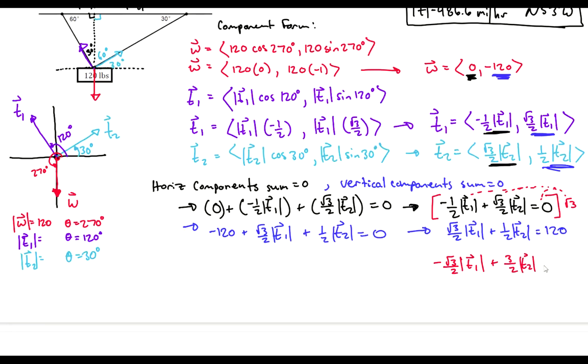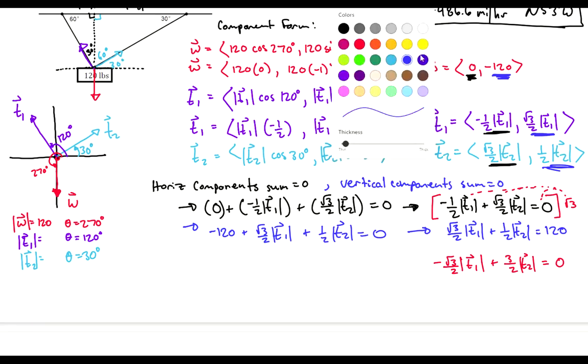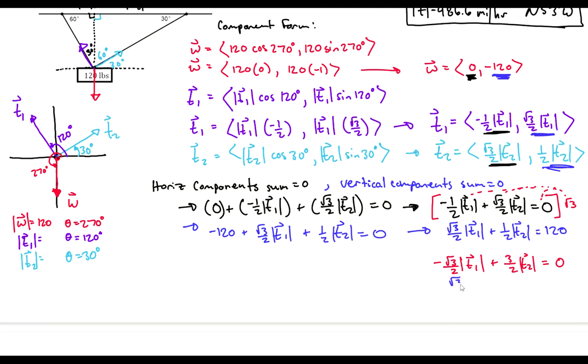And then 0 times radical 3 is still 0. And then I still have the blue equation that I'm just going to rewrite right underneath it. So radical 3/2 magnitude of T1 plus 1/2 magnitude of T2 equals 120. And so there they are next to each other. And the reason that I multiplied by the radical 3 is because now I can add the two equations together.